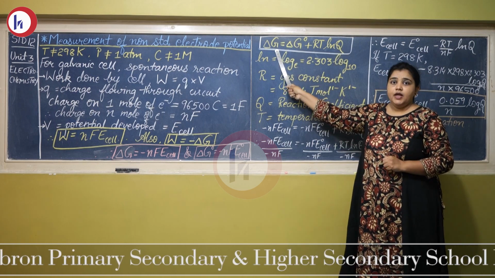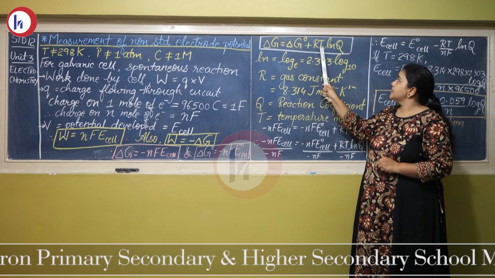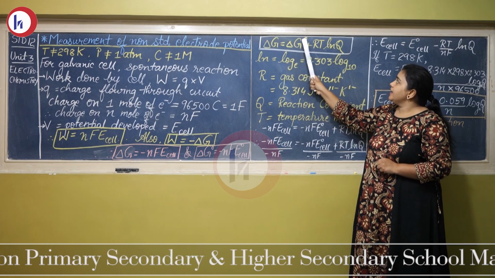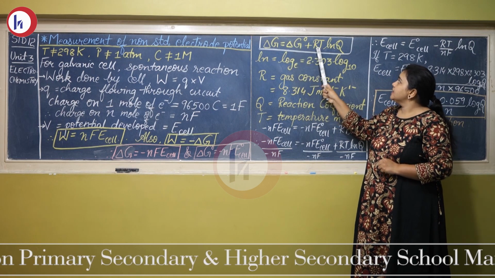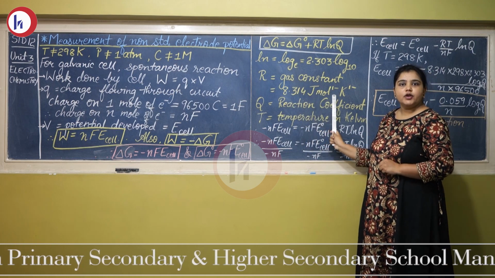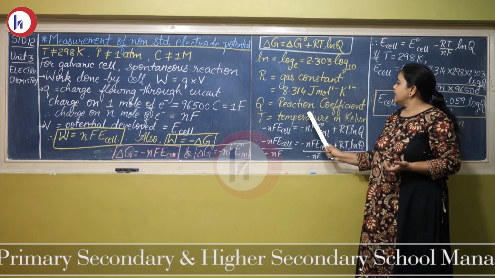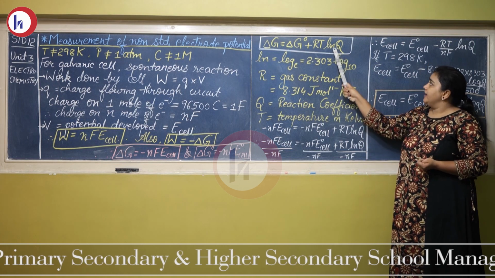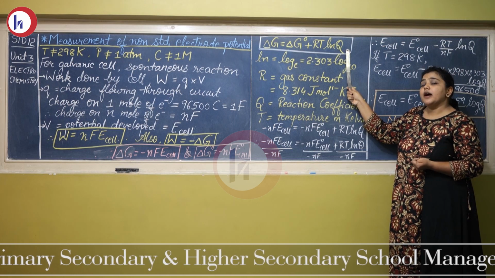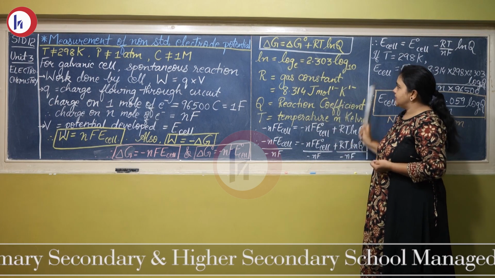This was the equation: delta G equals delta G naught plus RT ln Q. Change in Gibbs free energy equals standard change in Gibbs free energy plus RT ln Q, where R stands for the gas constant, whose value is 8.314 joule mole inverse Kelvin inverse, which you studied as part of states of matter. T is the temperature in Kelvin, ln stands for natural log, and Q stands for the reaction quotient, which we again saw in the equilibrium chapter. So, let us look at the substitution in this equation.